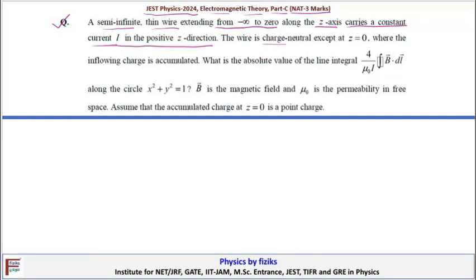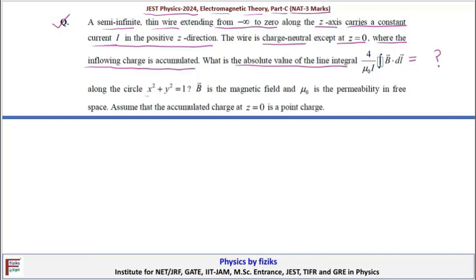The wire is charge neutral except at z equal to 0, where the inflowing charge is accumulated. Now we have to find the absolute value of the line integral. What will be this value?